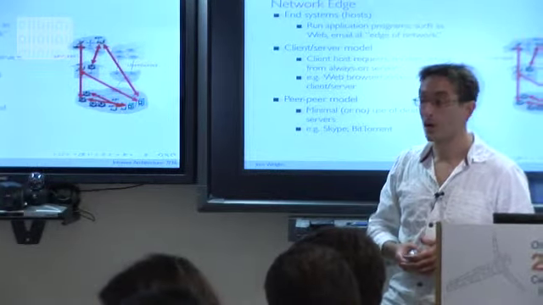So the components that make up a typical home network are your DSL or your cable modem. This is the thing that you typically will plug into the wall that will handle it for you. This will connect to a local router, which may be running particular services on it to protect the security of your network, like a firewall that will protect against unauthorized access, and network address translation.